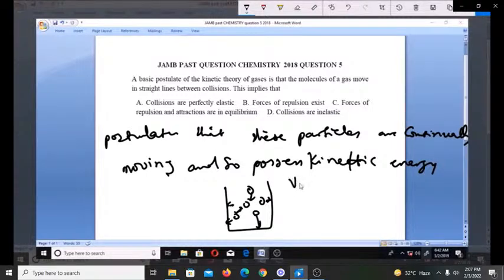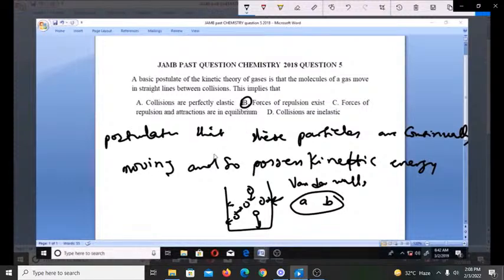If you check out things like the Van der Waals equation for solving gas movement, you're going to find out that there is a correction due to volume and a correction due to force of repulsion, a and b. So all this tends to point towards the fact that forces of repulsion exist.